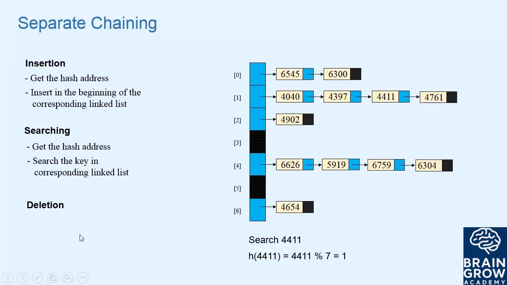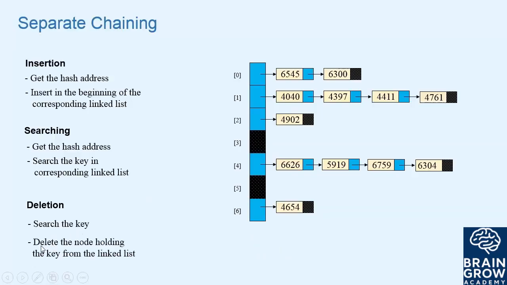Now for deleting a key, first we'll search the key and then we'll delete the node that is holding the key from its linked list. Now these linked lists are referred to as chains, and we have a separate chain for keys having same hash address. So this technique is named separate chaining.